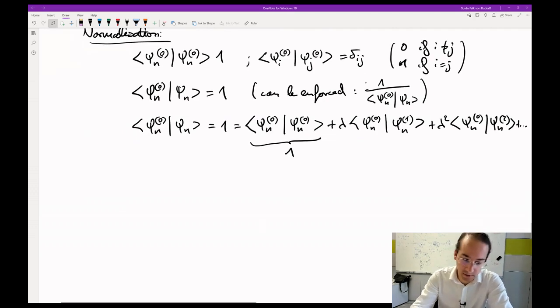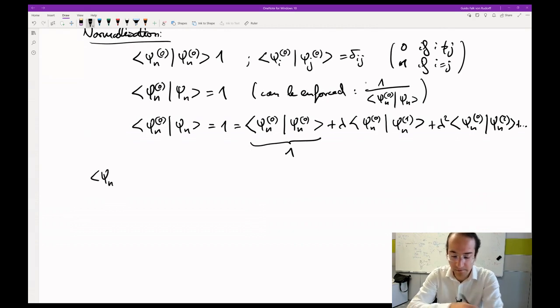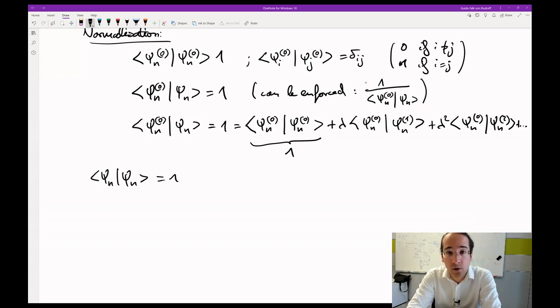We start from the requirement that our Taylor expanded functions should be normalized to 1. And now let's look at the first order only. So if that is true, then to first order.